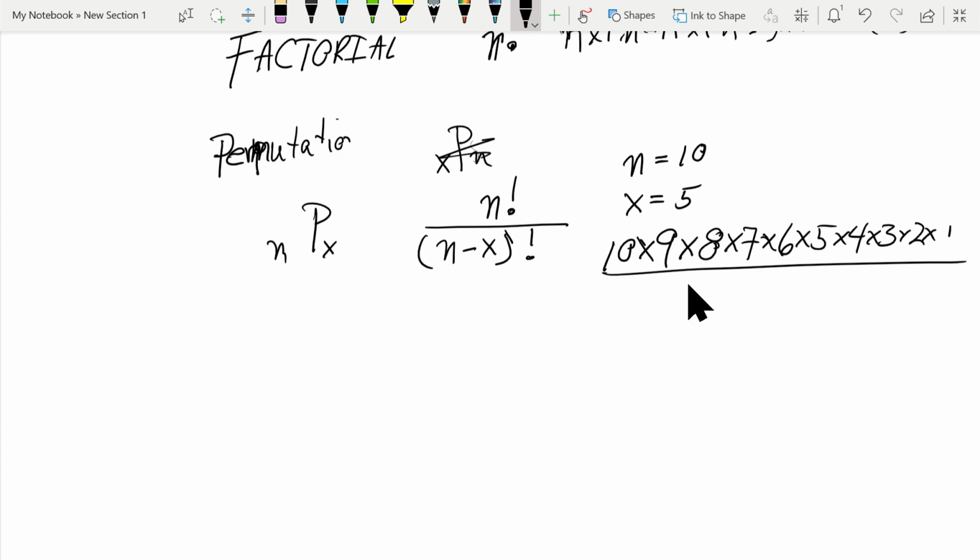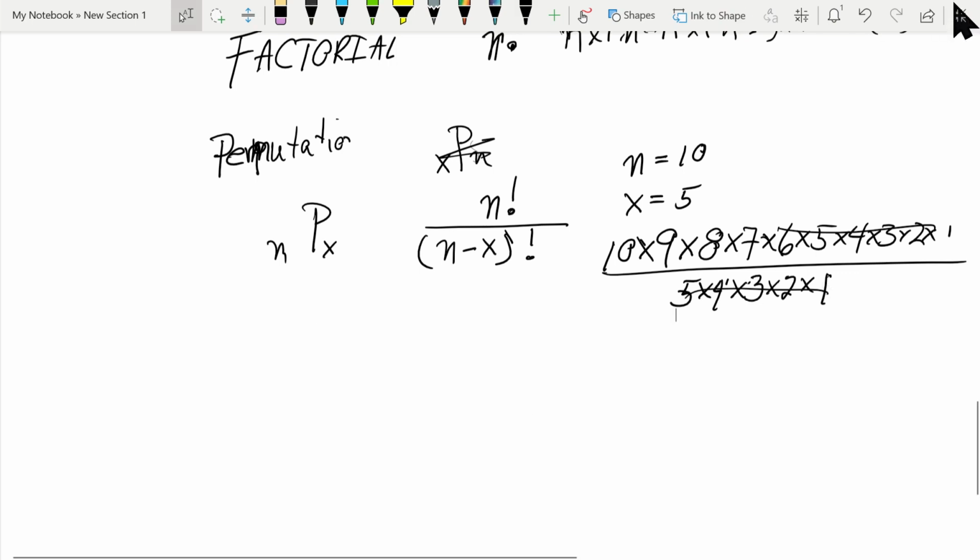So this is 5 times 4 times 3 times 2 times 1. When I need to calculate this, all of this cancels out with the denominator. So this is 10 times 9 times 8 times 7 times 6, 90 times 56 times 6.